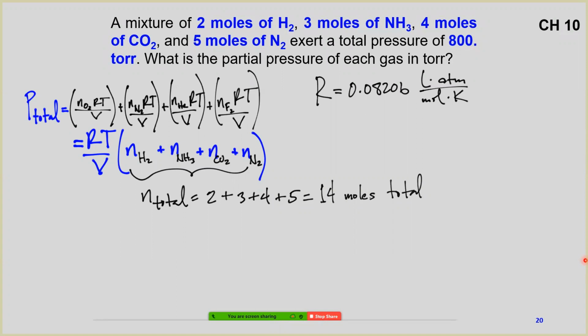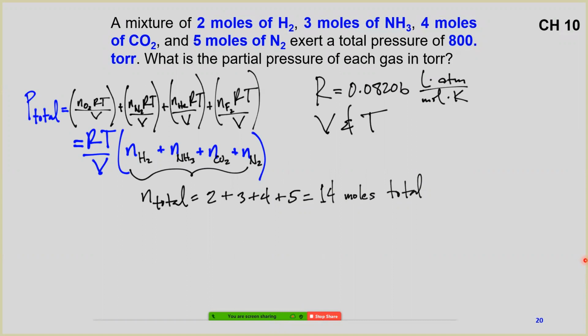So we know the total pressure. All right, so we don't know volume and temperature here, but that's okay. We can calculate this because we know the total number of moles.